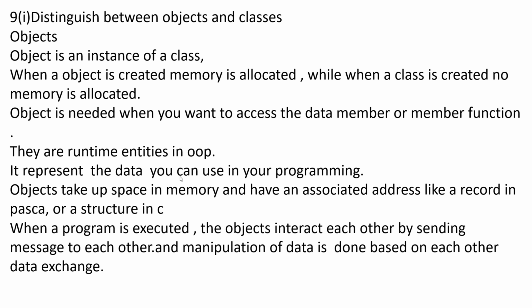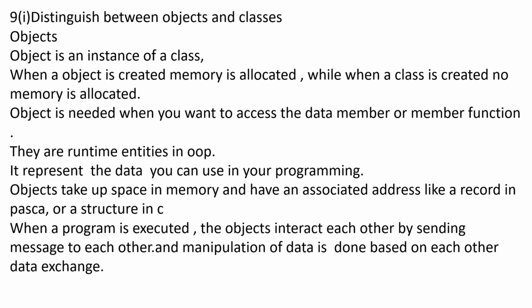It represents the data you can use in your programming, and objects take up space in memory and have an associated address like a record in Pascal. Here it is Pascal; an L has been missing here, so don't misunderstand it.